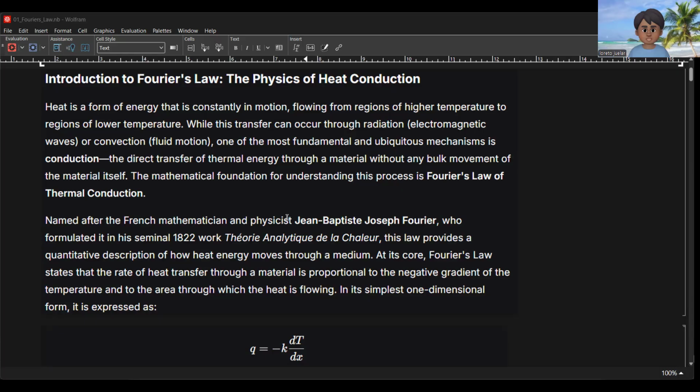In its simplest, one-dimensional form, Fourier's law serves as the foundation for analyzing and modeling heat in engineering and physics.